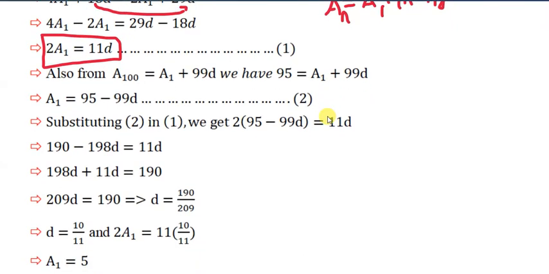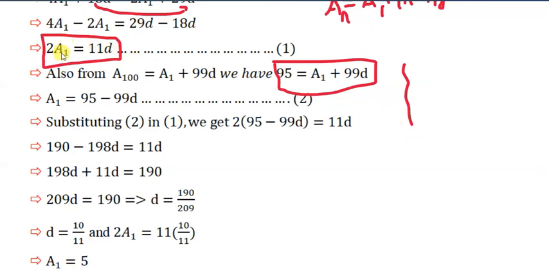Using these two formulas, this one together with the first one, found in equation number 1, this can form a system of linear equations.